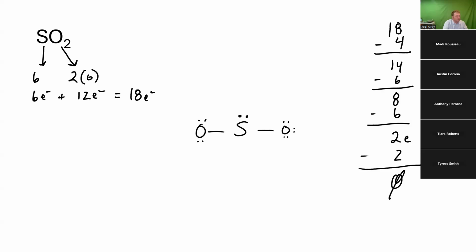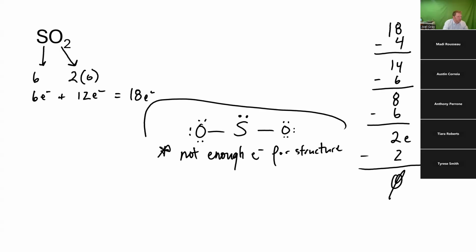So instead what we do, and I'm going to put a little note here, not enough E for structure. Okay, so I'm going to put a box around this. And now I'm going to restart it. S, O, O. And what I'm going to do is put 2, 4, go to this exact same structure.